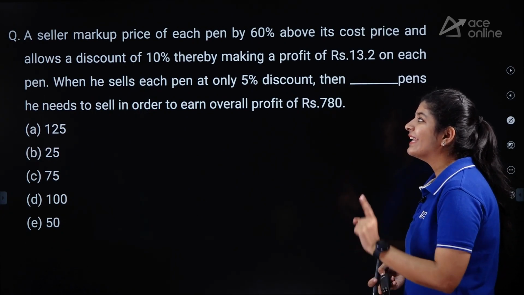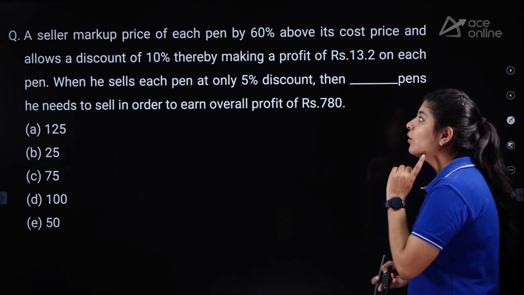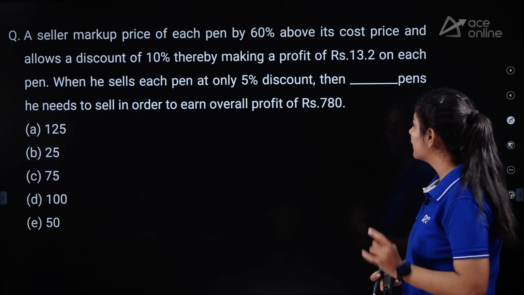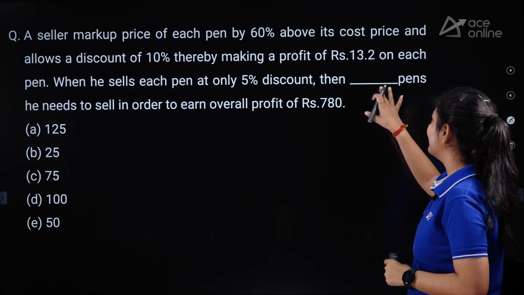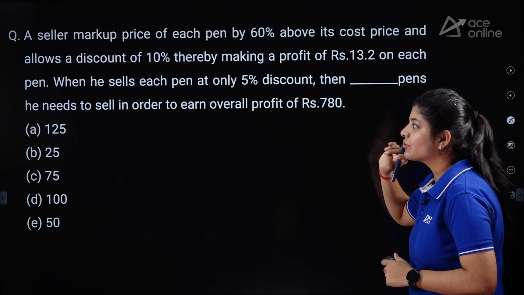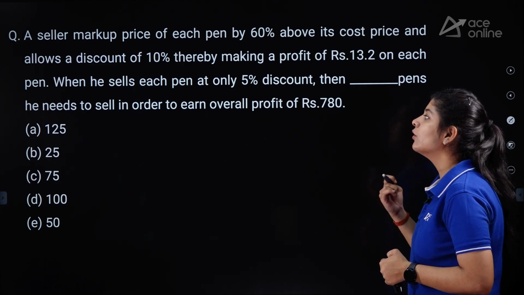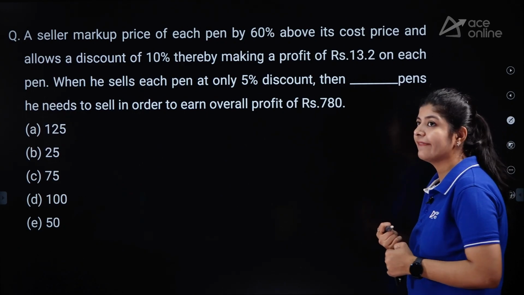When he sells each pen at only 5% discount, fill in the blanks: how many pens he needs to sell in order to earn an overall profit of rupees 780.